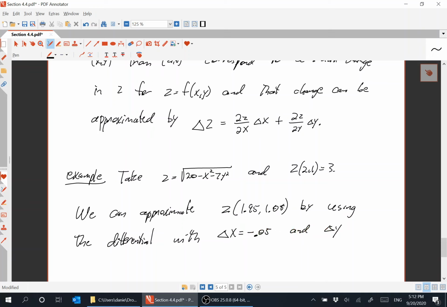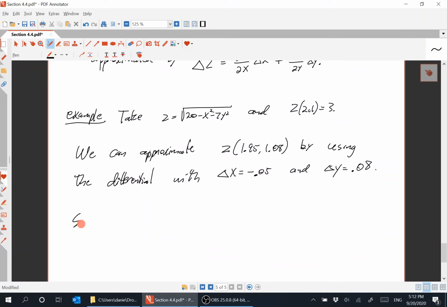And the fixed y value for the tangent plane is 1, and here we're talking about y value 1.08, so delta y is positive 0.08.